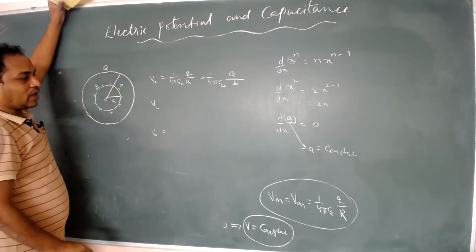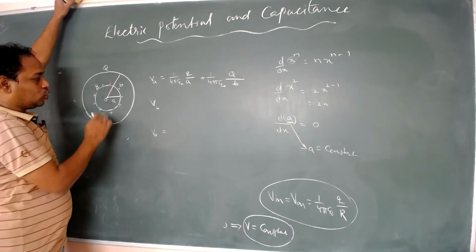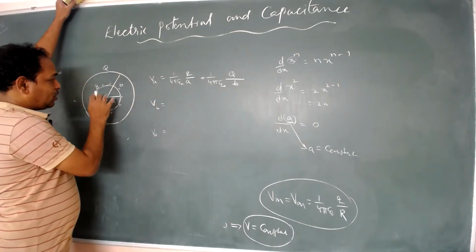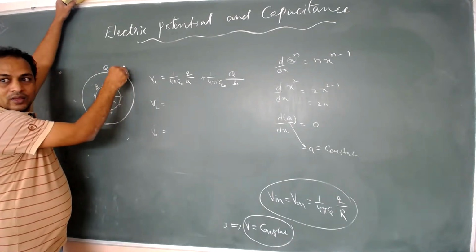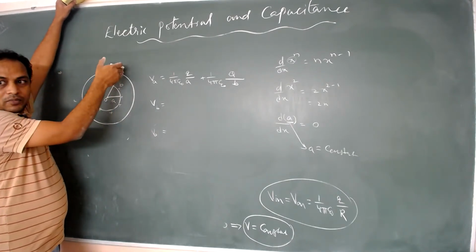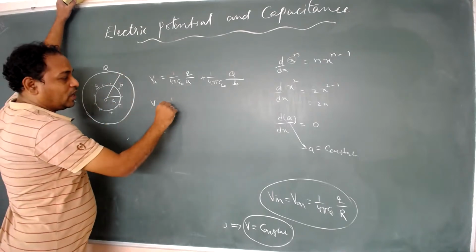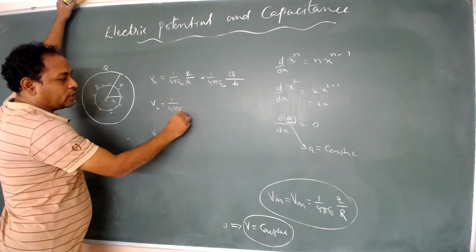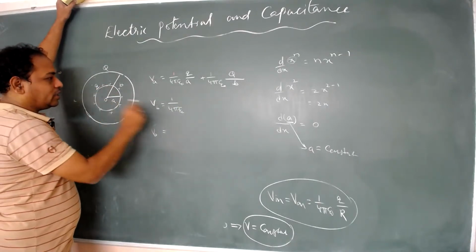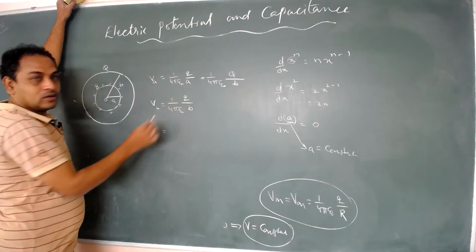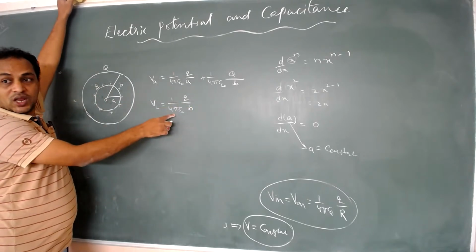What is the potential on this surface? See, the bigger charge is here, so its potential outside, at a point at distance B, is 1 by 4 pi epsilon naught into its charge Q by B. This is whose potential?